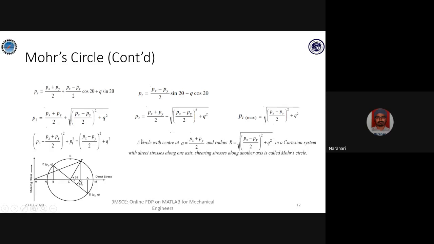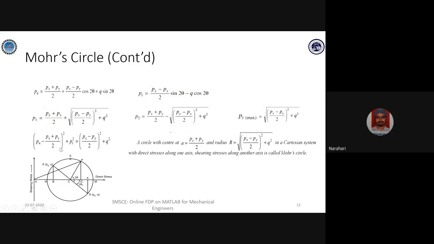Now coming to the Mohr circle, this is what we will be dealing with in today's discussion. A Mohr circle is nothing but a circle. It was given by the famous Otto Mohr, who gave us the idea that a circle with its center at (px plus py)/2 and radius root of ((px minus py)/2) whole square plus q square, which is nothing but the Pt max, in a Cartesian coordinate system with direct stresses along one axis and shearing stresses along the other axis, is what is called a Mohr circle.